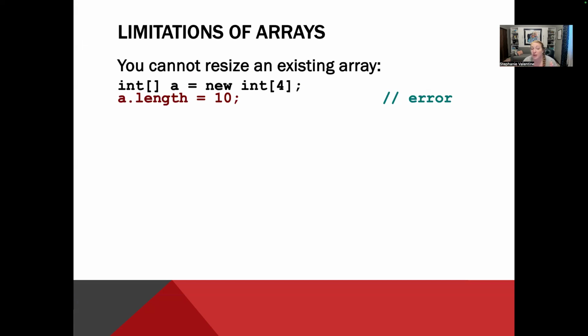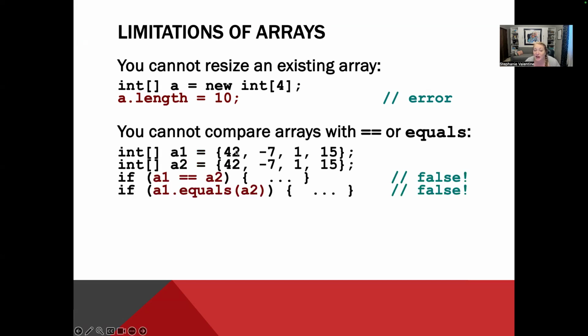It has only promised that in this case it has enough room for 4 integers. It cannot promise that if you want to add a 5th or 6th, or in this case, a 10th integer, that it's going to have space for it. It can't guarantee that. And so you cannot resize an existing array. The array is the size that it was created as, and it can get no bigger, it can get no smaller.